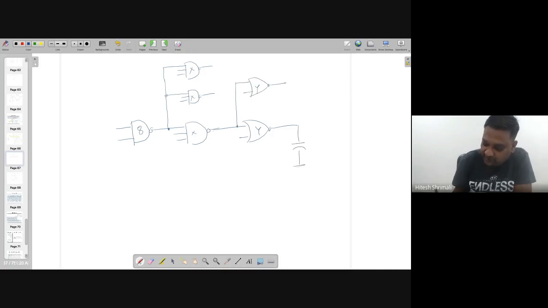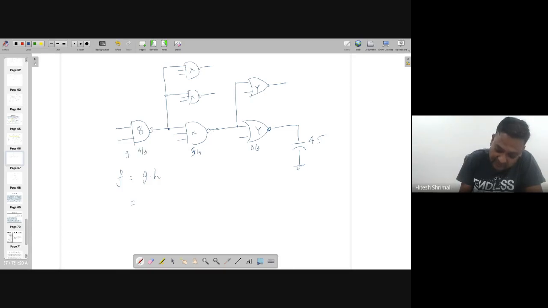So I know that this is 45. I also know that f is equal to gh. If it is just one stage, I know that g for this one, for the NOR gate, is equal to 5 by 3. It's already known to me. This is 5 by 3 and this is 4 by 3. These are the different logical efforts of each of the gates, and I am interested in this because that's on the path. And if I am looking for only this, f equal to gh, that this is C out by C in, right?